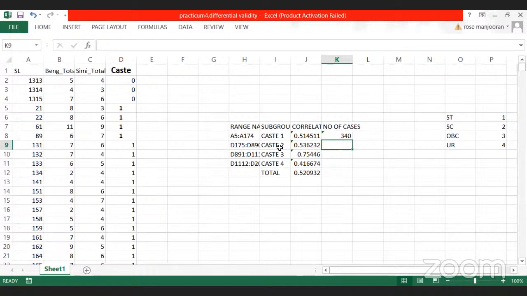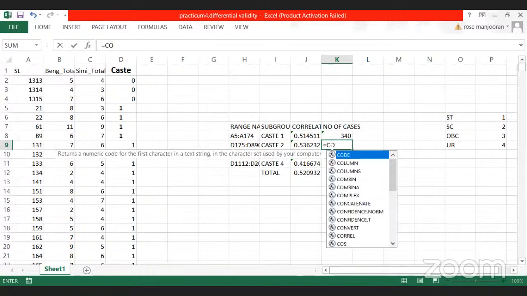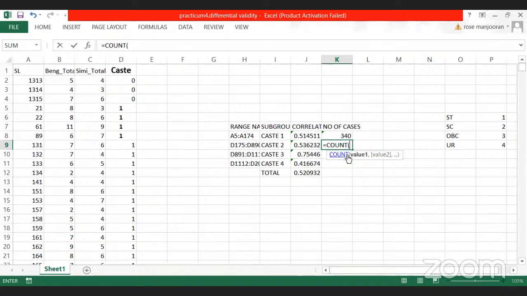Then in the same way, for cast 2, you type equal to COUNT. Then again, the range will be from B175 to B890, comma, C175 to C890.